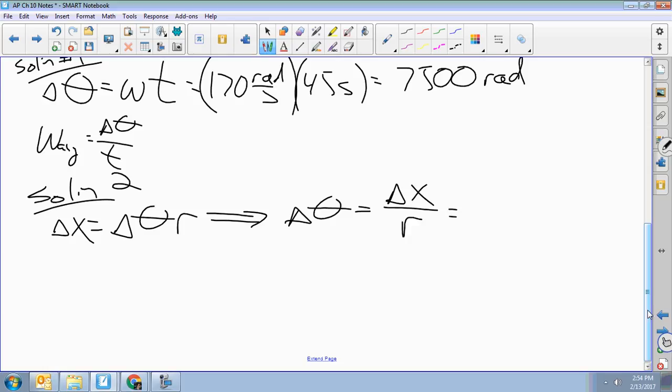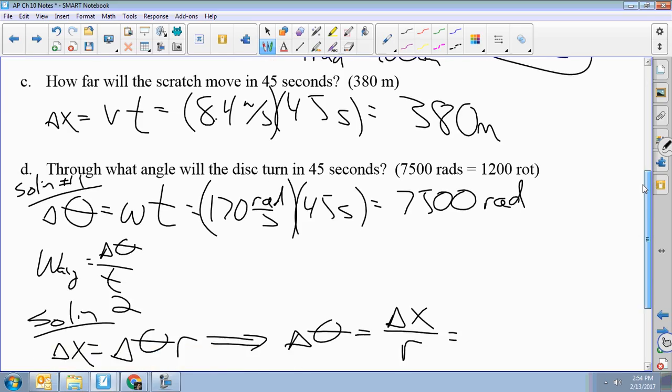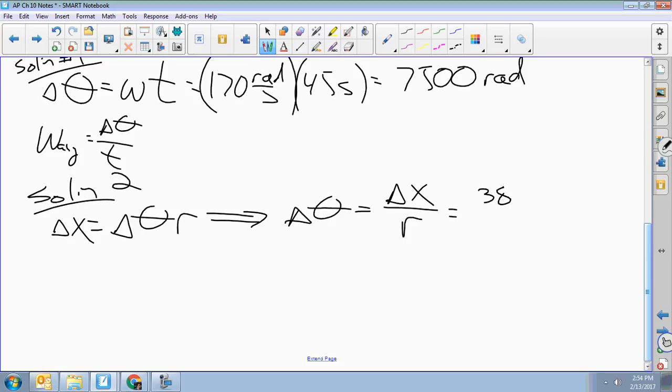So for us, we went, how far did we go? 380 meters around a circle with a radius of 0.05 meters. So divide that out, and you get 7,500 meters, or radians. I guess it doesn't work exact because of my rounding, but 7,600. But if you're careful with your sig digs, it'll work out.